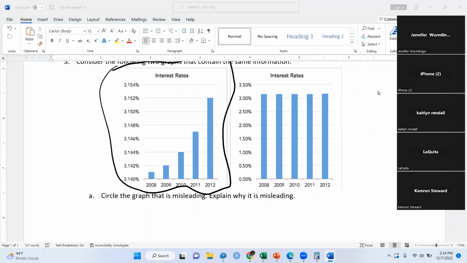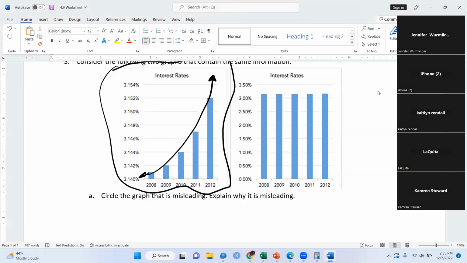Yeah, so visually, it's making the difference between the interest rates look large, right? It's not necessarily a wrong graph, right? Nothing about the graph is wrong in terms of how it's constructed. It's just visually misleading because it makes it look like the 2012 interest rate is growing exponentially, if we connect that back to what we did in unit 2.